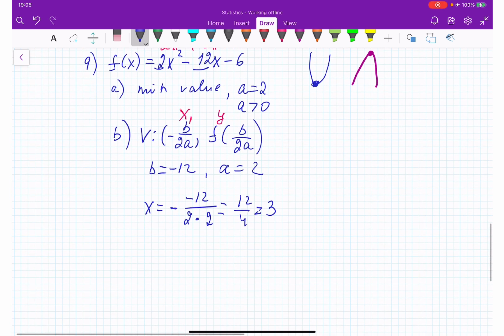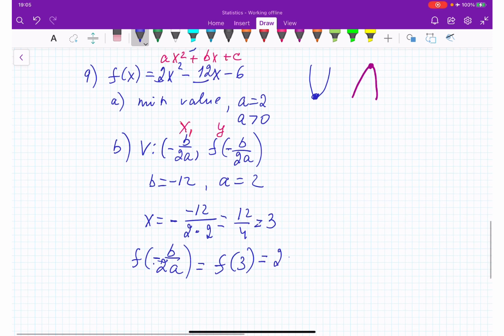And y, which is f of negative b over 2a, is going to be equal to f of 3, because it's the value of x, right? Okay, let me write down the original problem.